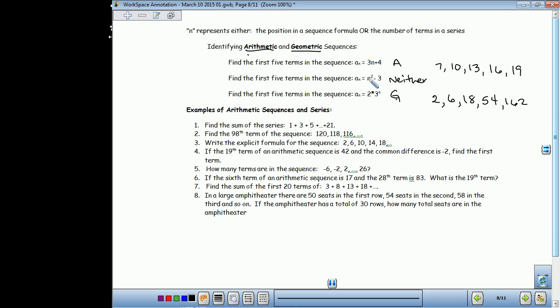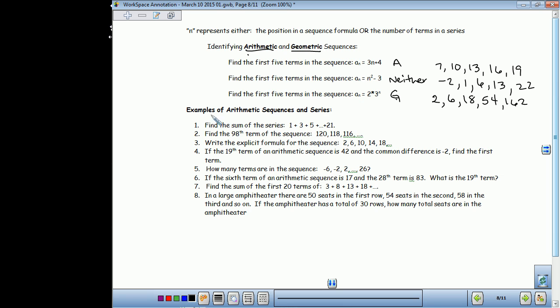This one would not be like that. It would be negative 2, and then we plug in 2, we get out 1. You plug in 3, you get out 6. You plug in 4, you get out 13. You plug in 5, you get out 22. It's not adding the same amount every time, and it's not multiplying by the same amount. But if we did the second difference, would it be constant? Yes.